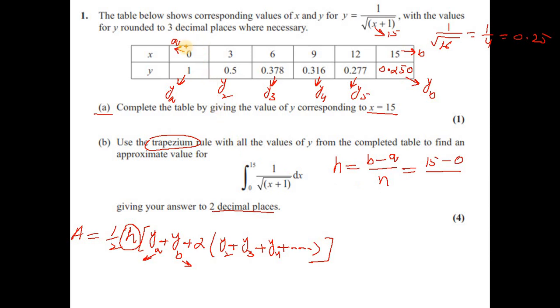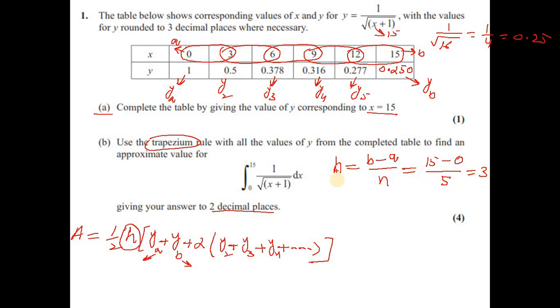So this is your first interval, second interval, 6 to 9 third, 9 to 12 fourth, 12 to 15 is your fifth interval. So n is 5, 15 divided by 5, so h is equal to 3.